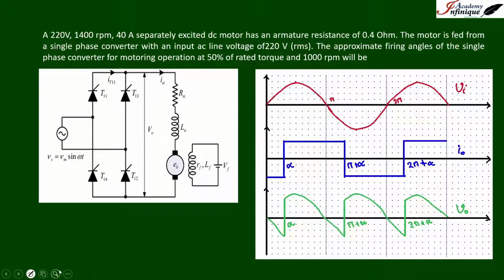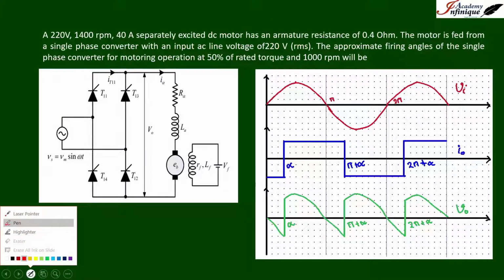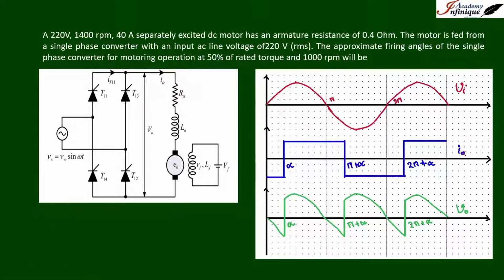Sorry, here it is written as Io, but it will be Is, supply current. As the load current is not fluctuating or changing, it is a constant DC current. So the nature of the source current will be like the blue waveform.